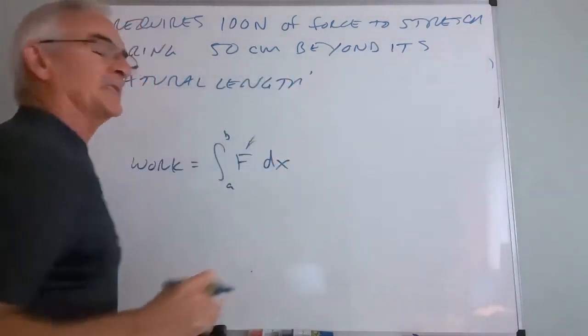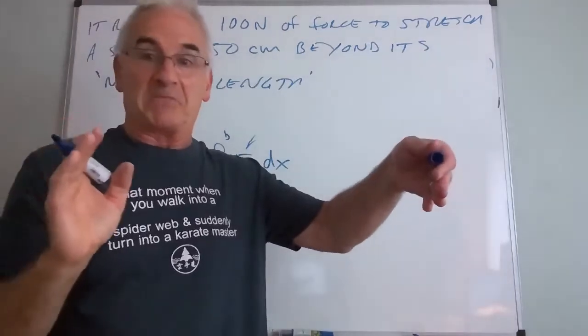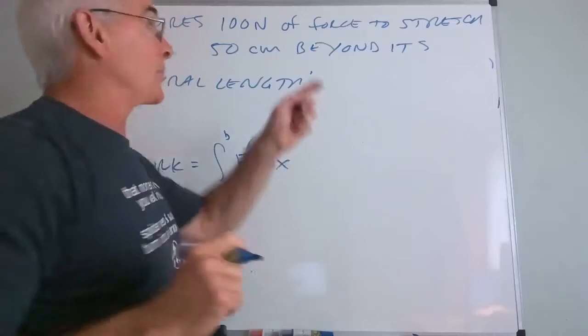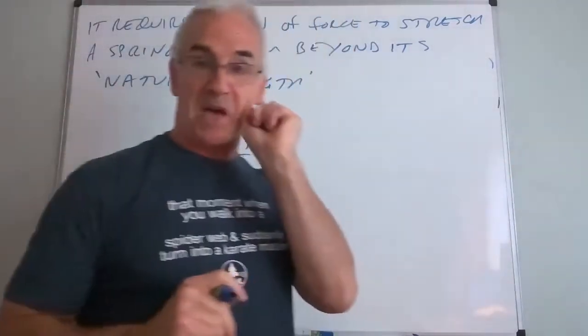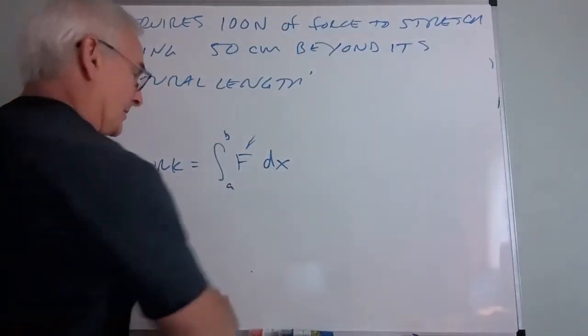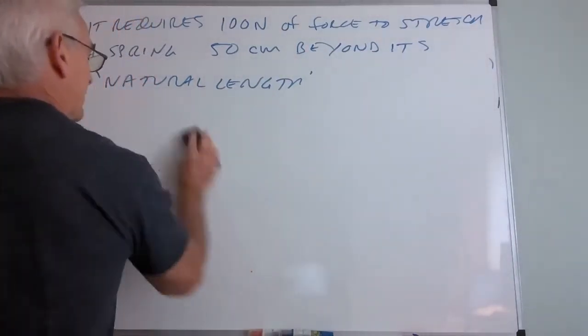What natural length means is the spring is at rest. It's not moving, it's this long. That's its natural position. And now I'm going to stretch it 50 centimeters beyond that, okay? Beyond its natural length. That information will allow me to calculate the spring constant.